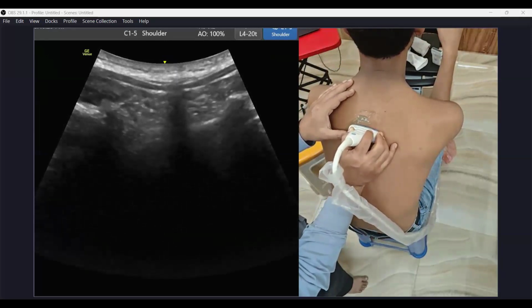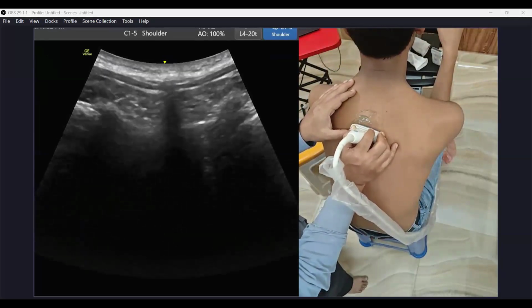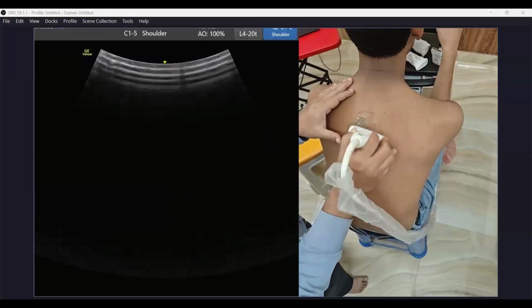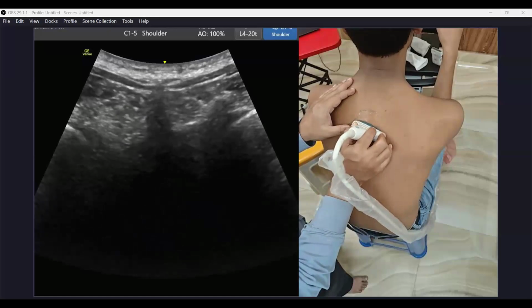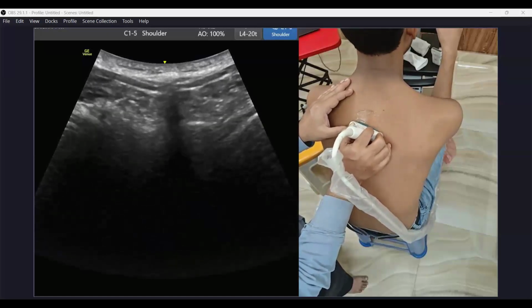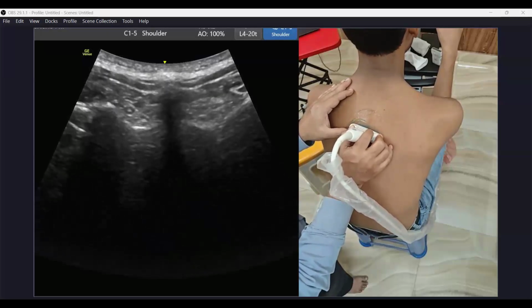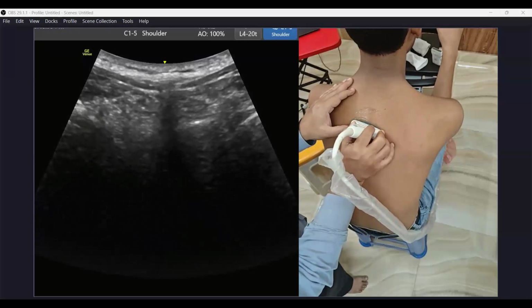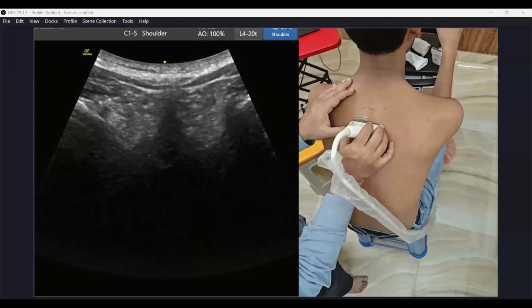Here we cannot see it, but still sometimes it is possible to see the anterior complex. When you are not seeing the straight bony line of lamina and transverse process, then you are in the interlaminar view.